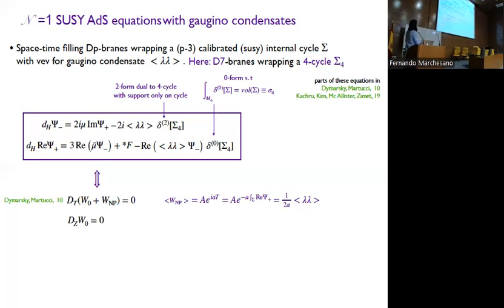Now, if you do the same, but including the non-perturbative superpotential, the non-perturbative superpotential is this KKLT thing, which is precisely given. So the moduli are these T moduli, so the real part of psi plus. Remember, this is J squared in the case of SU3 structure, and this is the vacuum expectation value of the gaugino condensate.